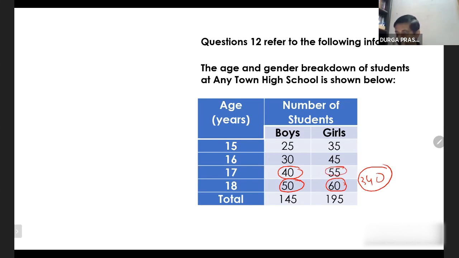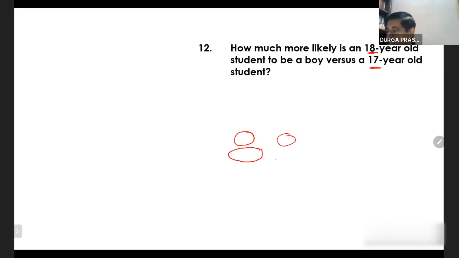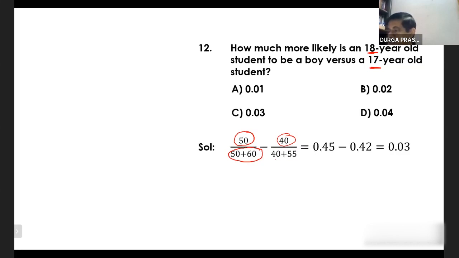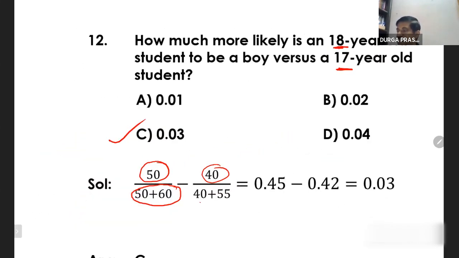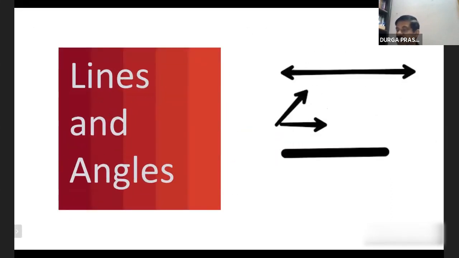So you have to use this. So therefore, using this data given, you'll get this. Okay. So let us go to the next question, which is 0.03.